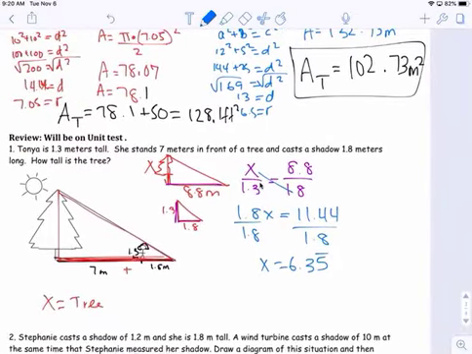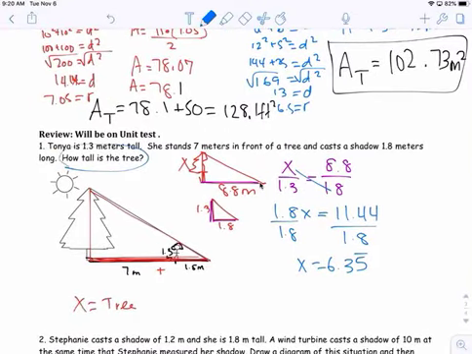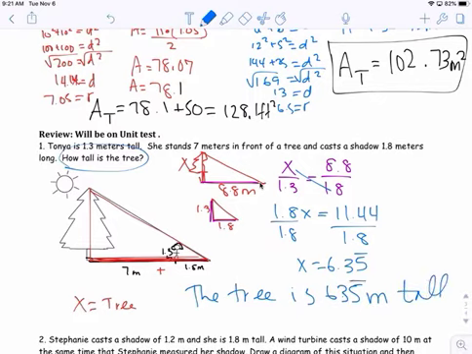So, how tall is the tree? The tree is 6.35 meters tall. If you want to round it, it's 6.36 without that repeating bar, meters tall.